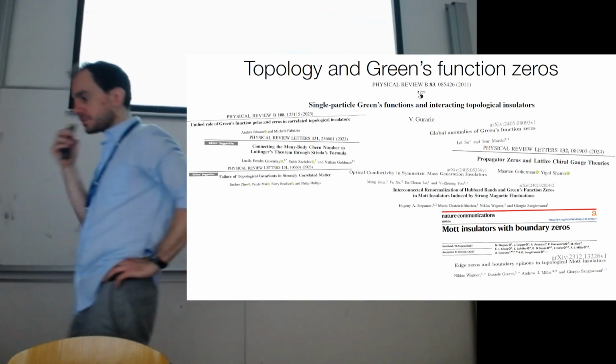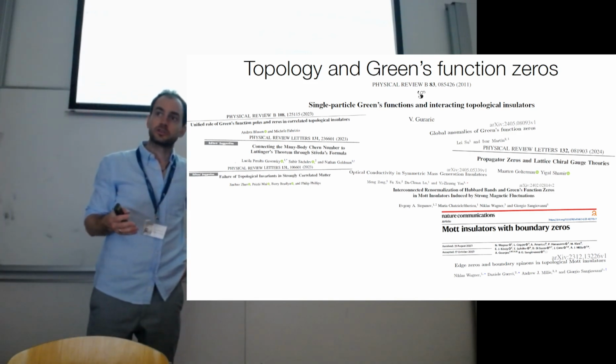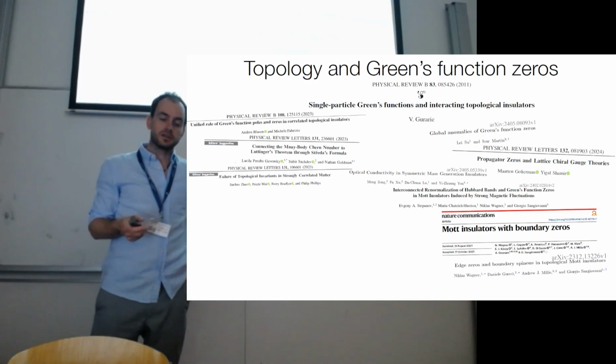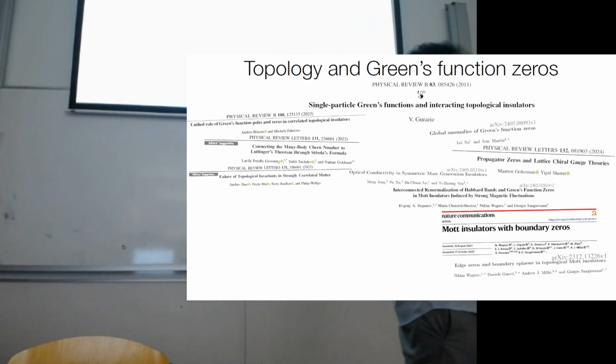Remember, I discussed with you this eightfold classification of interacting topological superconductors. And I briefly mentioned that when you have 8 Majorana chains and these 8 Majoranas interact, there is a way to create a many-body gap which doesn't break any symmetry.